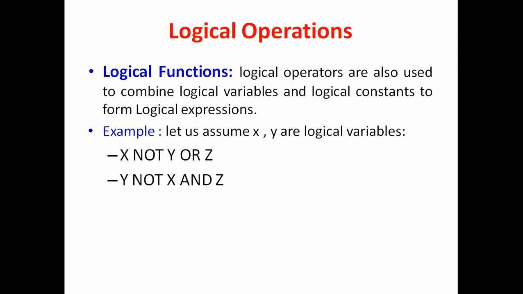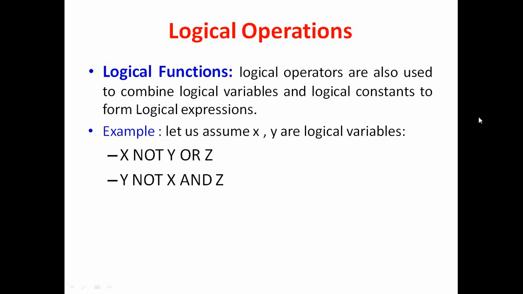The next is logical operation. Before starting logical operation, let us begin with logical function first. Logical operators are used to combine logical variables and logical constants to form logical operations.